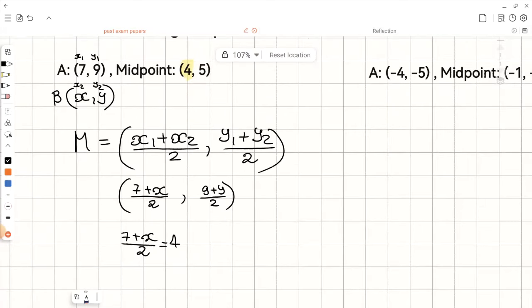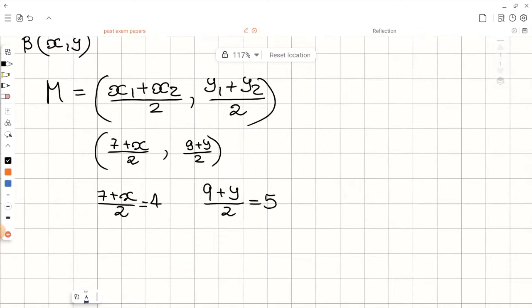And then if we add y1 and y2 and divide by 2, that will give me the y coordinate of the midpoint, which is 5 in this case. Therefore, I'm going to write (9 plus y) divided by 2 equals 5. Now, all we have to do is solve these equations.